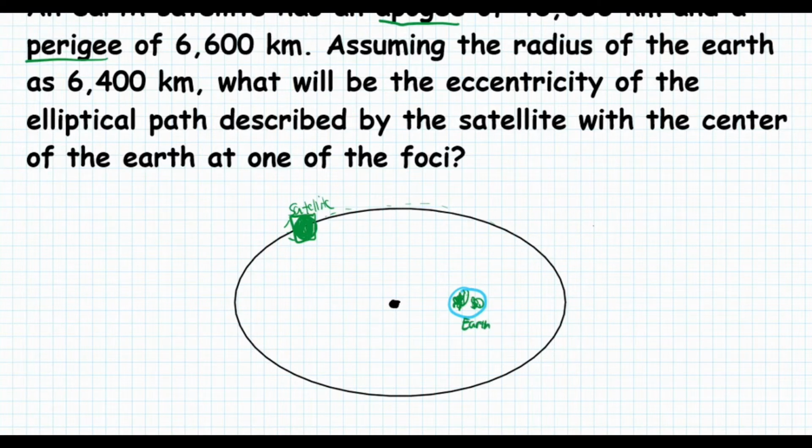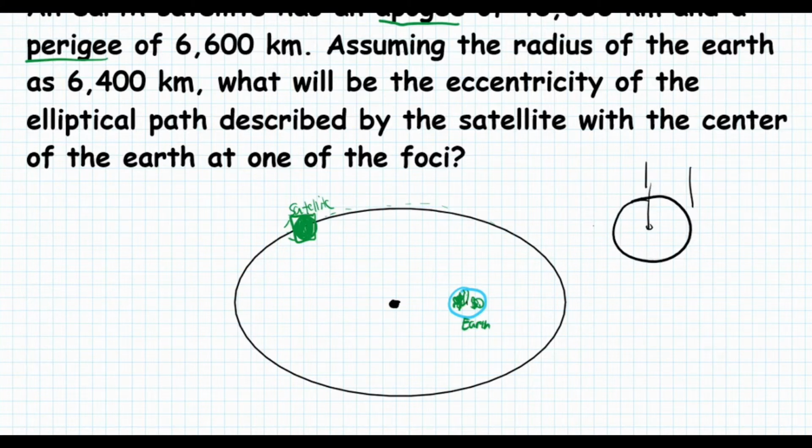Ay, nako, napapahiya ako dito. Sabi dyan, assuming the radius of the Earth is 6,400 kilometers. Ito yung Earth, bilog naman ng Earth. 6,400 yung radius niya.